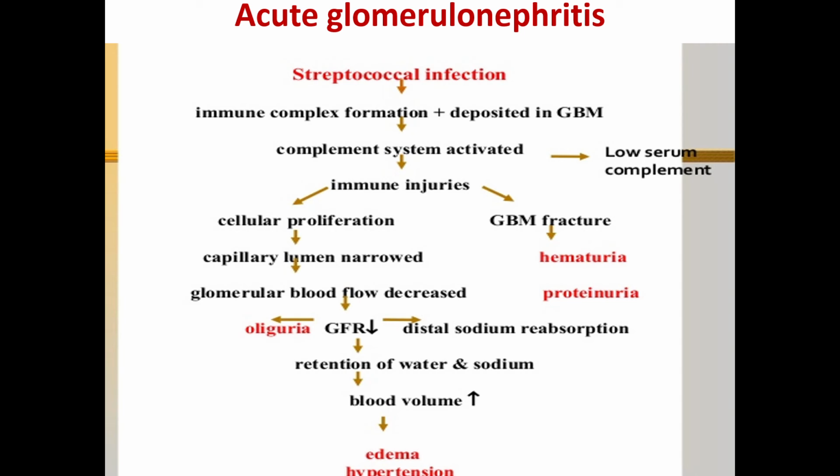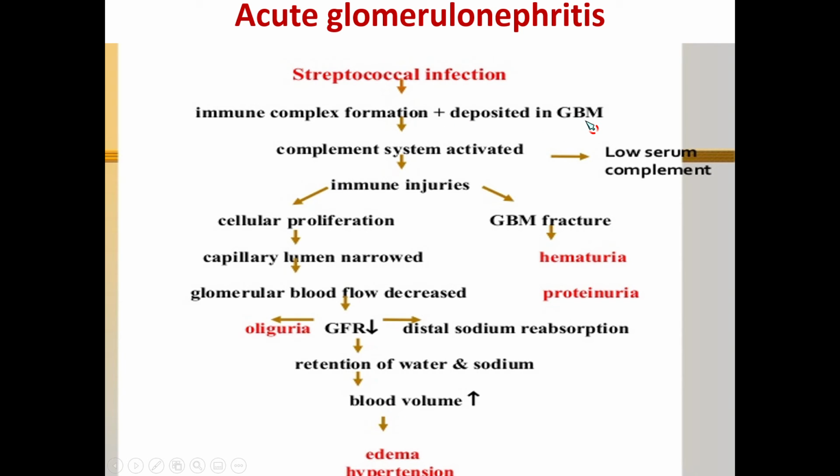But some antibodies are formed against this streptococcal bacteria. Then the antigen-antibody complexes, known as immune complexes, are formed and deposited in the glomerular basement membrane.